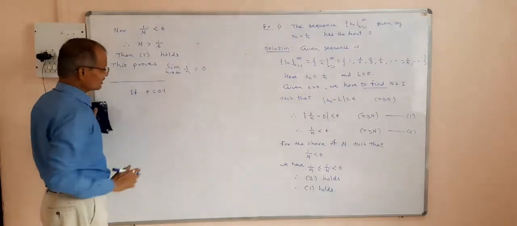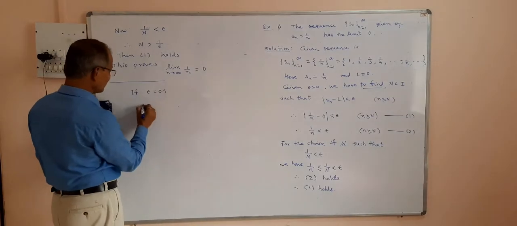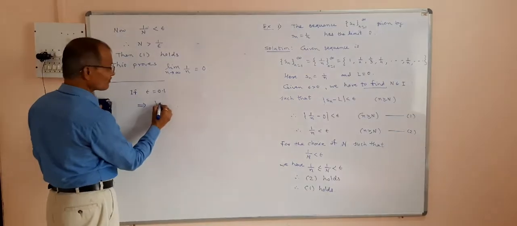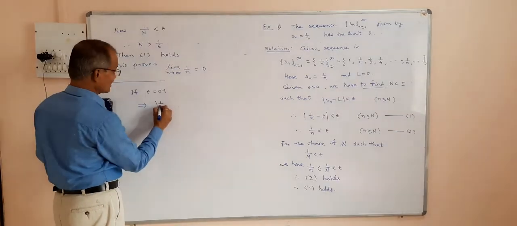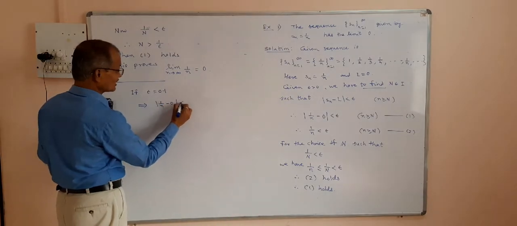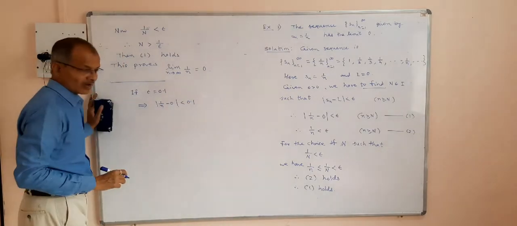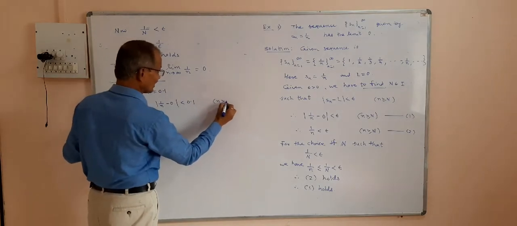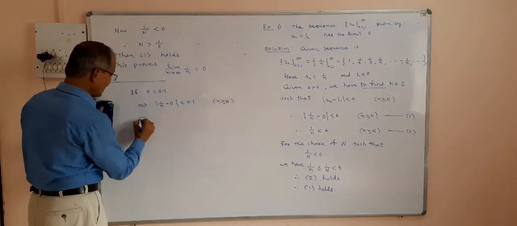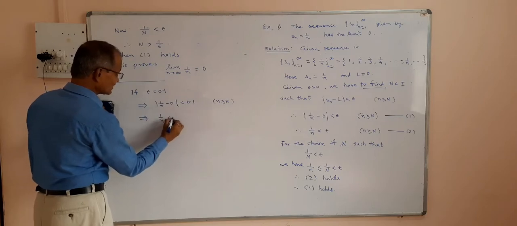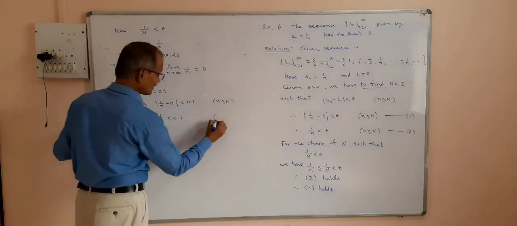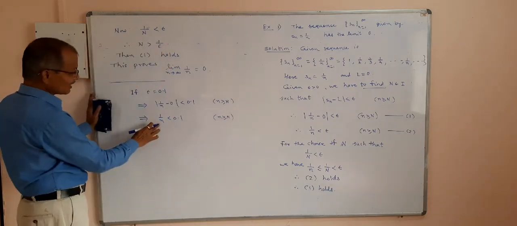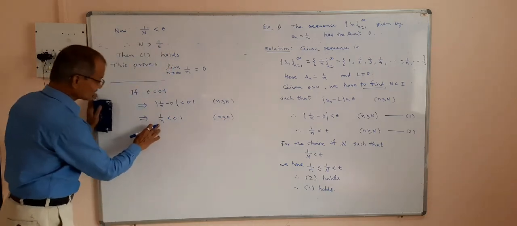So epsilon is 0.1, then what will that imply? That implies mod of Sn, 1 by n minus 0, is less than 0.1, and this will happen for n greater than or equal to capital N. So this will imply 1 by n is less than 0.1, for n greater than or equal to capital N. So we can select capital N as satisfying this condition.